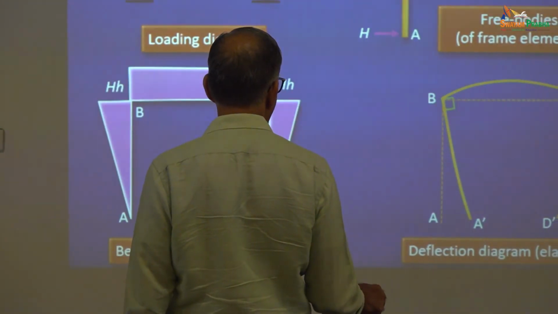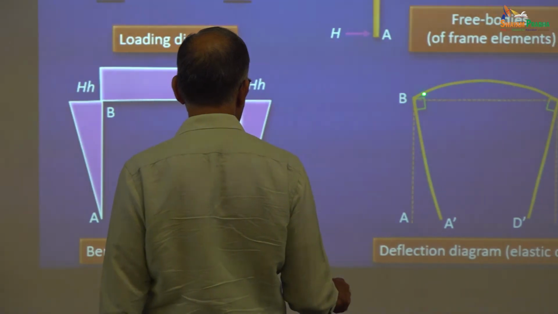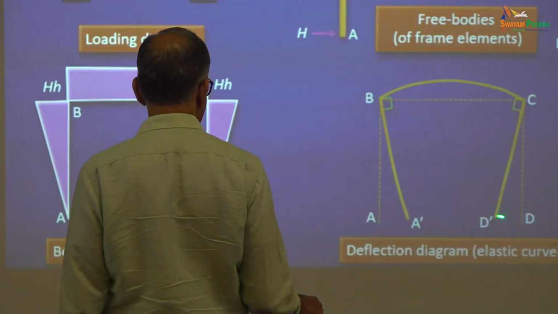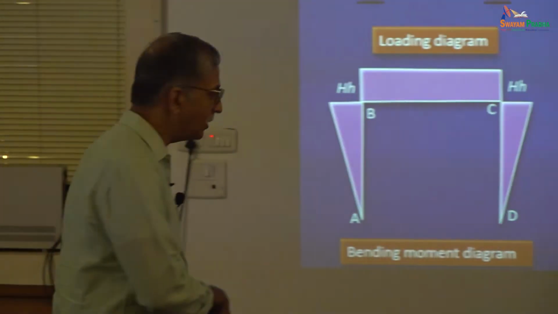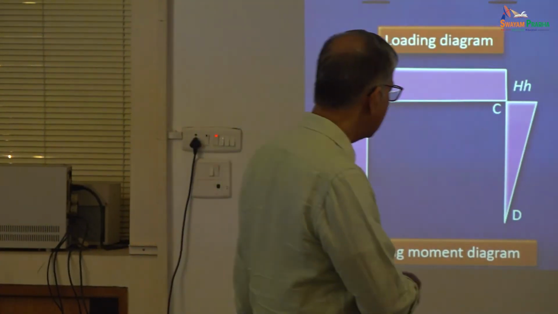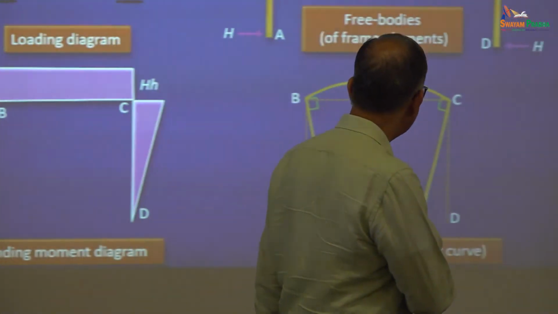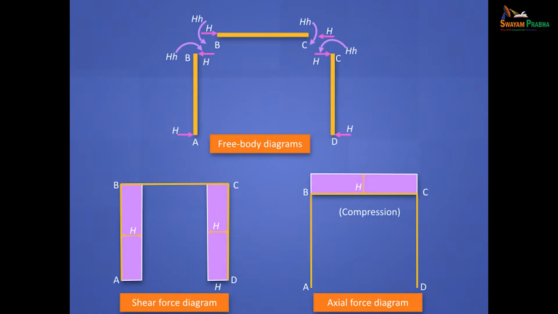This is nicely hogging, cleanly hogging, and this angle should be 90 degrees. Okay, these two should be curved. You feel that, right? Okay, so that's also called the elastic curve. And to complete the picture, this is your shear force diagram, this is your axial force diagram. You can mention that it's compression. Clear? From the free bodies you can do this.